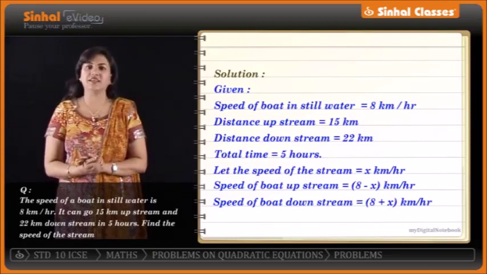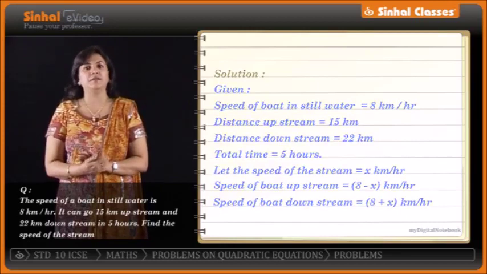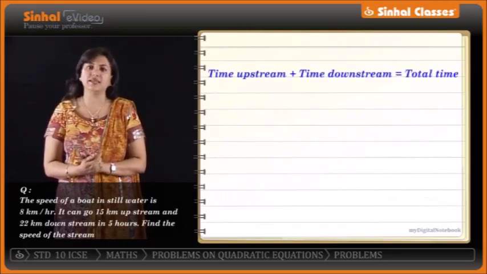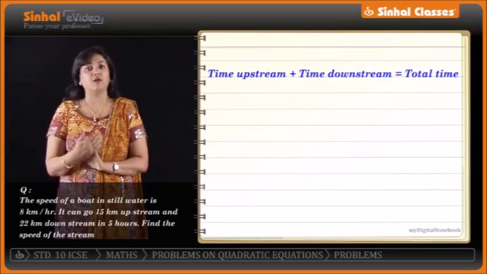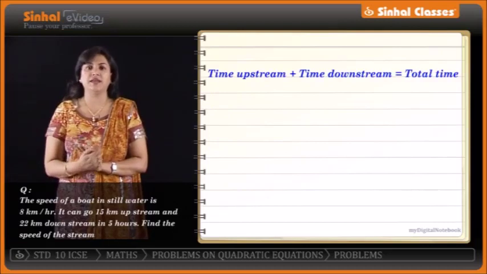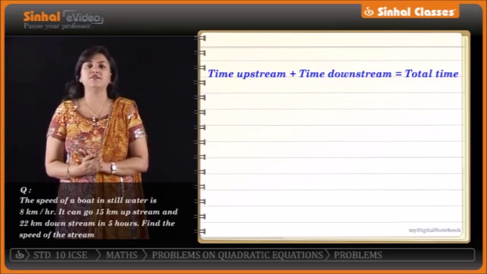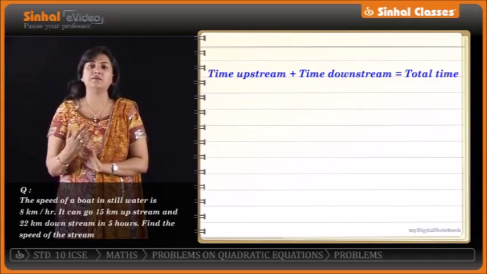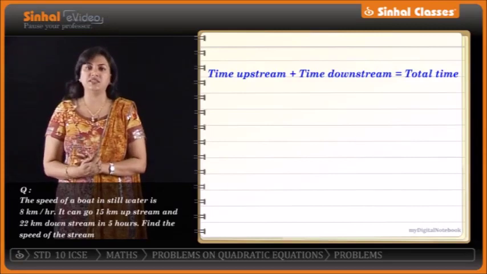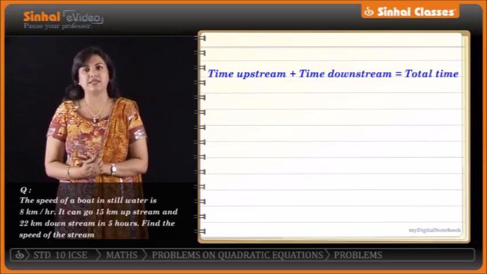Now according to the given condition, we have time upstream plus time downstream is equal to total time. Now what will be time upstream? It is distance upon speed, that will be 15 upon 8 minus x, and time downstream would be 22 upon 8 plus x.